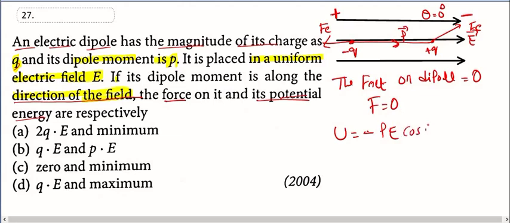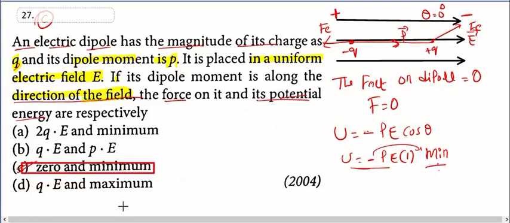Minus PE cos theta. So potential energy is equal to minus PE cos 0, and cos 0 value is 1. This is on the negative side, so the energy becomes minimum. So 0 force and minimum potential energy, that is option C. Option C is the right answer for this question.